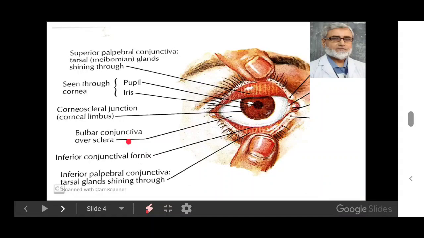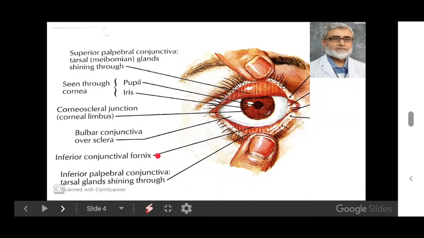This is corneoscleral junction. Different parts of eye when both eyelids are everted. Bulbar conjunctiva or sclera, you can see here very clearly. You can see here inferior conjunctival fornices. Two fornices, upper and lower.